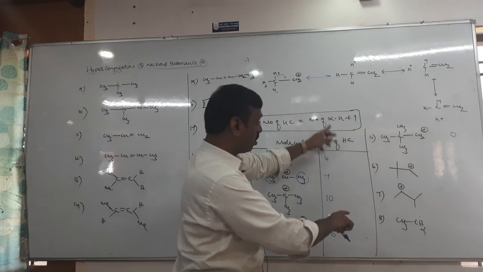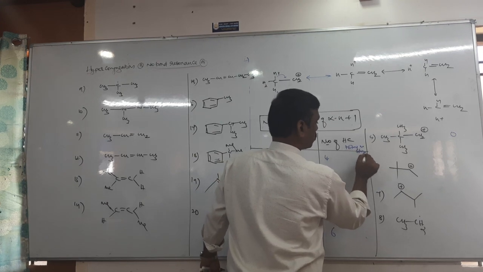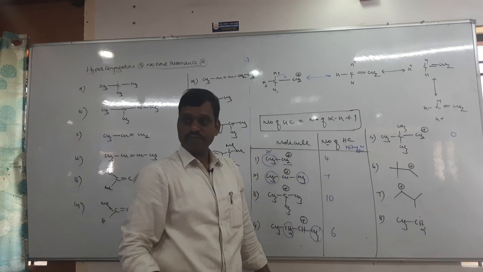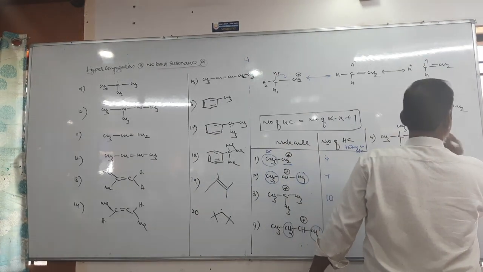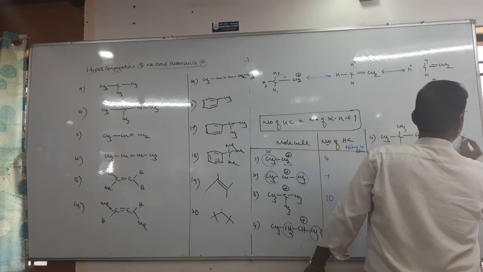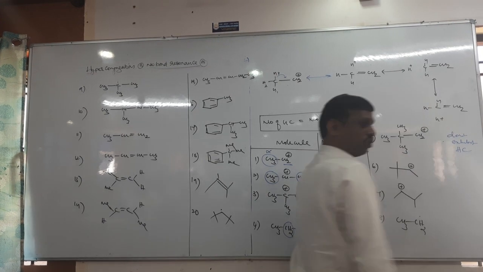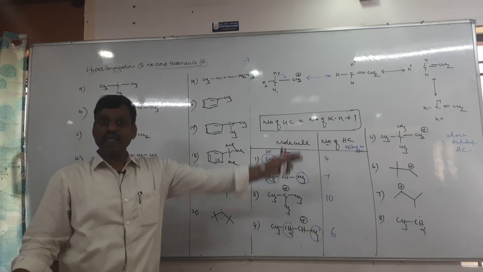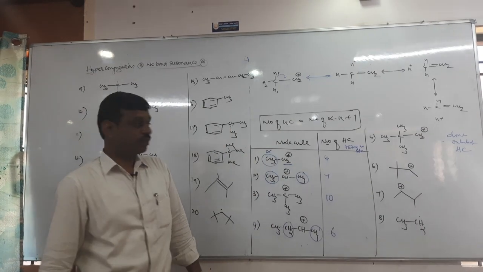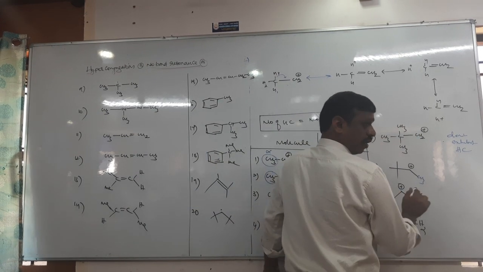Now this is the total number of structures we have written, including hyperconjugation, but it does not exhibit hyperconjugation, right? So the question is like this: which can exhibit, which cannot exhibit? It cannot exhibit.